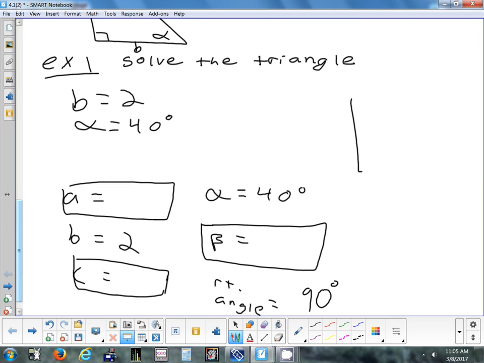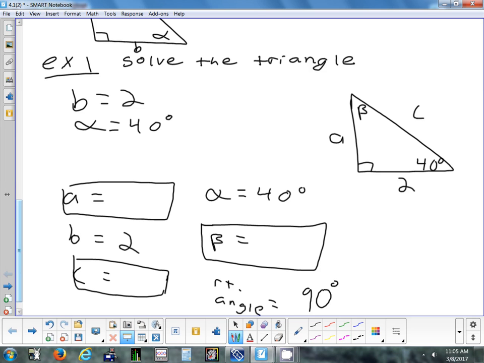Any questions on how I put that information in the table? All right, so now I'm going to make a picture because opposite, adjacent, and hypotenuse is going to come up quite a bit. So if you don't have a picture, some people might have a hard time visualizing what's across or what's next to what. So I'm going to put B here, which means beta goes across from it at the top. I'm going to put A here, which means alpha goes across from it.